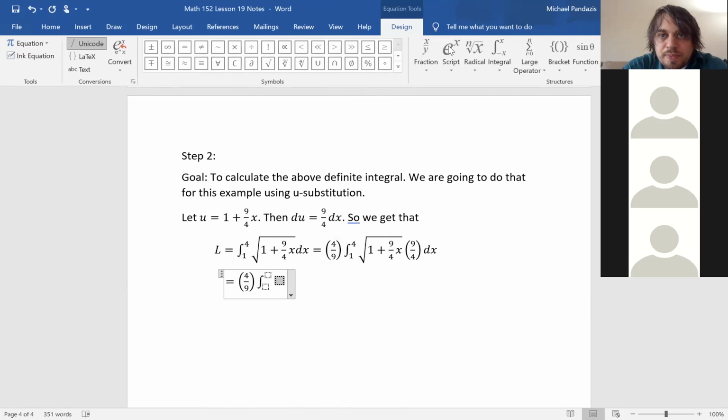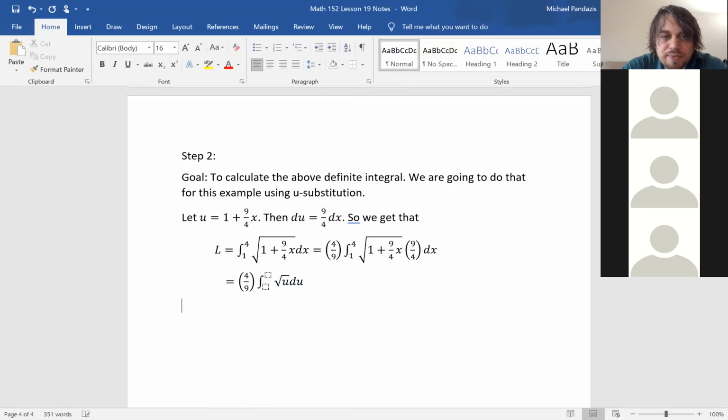For the square root, we have the square root of 1 plus 9/4 x, that's the square root of u. And here the 9/4 dx is du. So now we have 4/9 times the definite integral of the square root of u du. Now these calculations are to change the limits of integration.